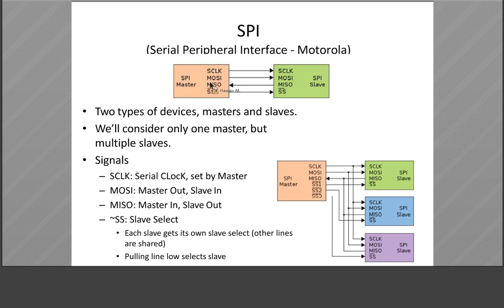MISO, master input, slave output, from slave to master, that's right. Slave select, who selects a slave? Master selects it, okay. Slave select is from master to a slave. This is for peer-to-peer, only a master and a single slave.